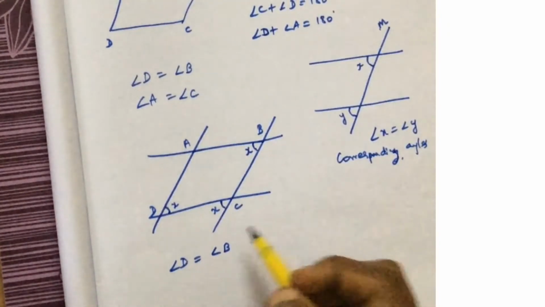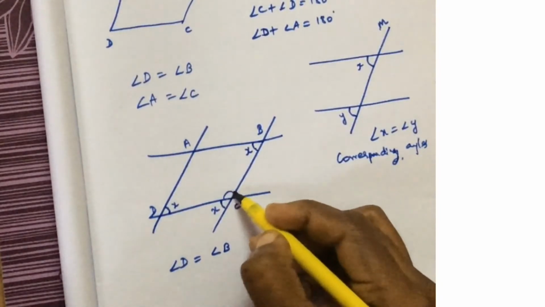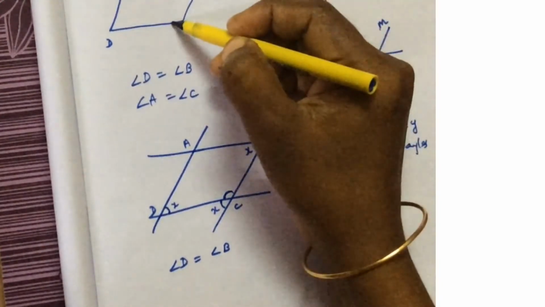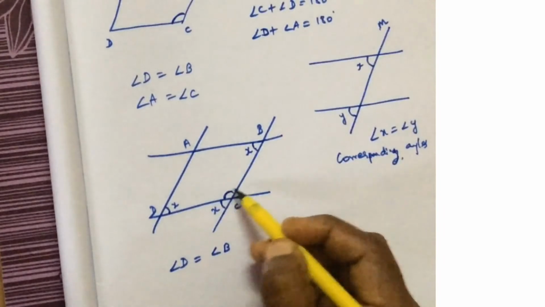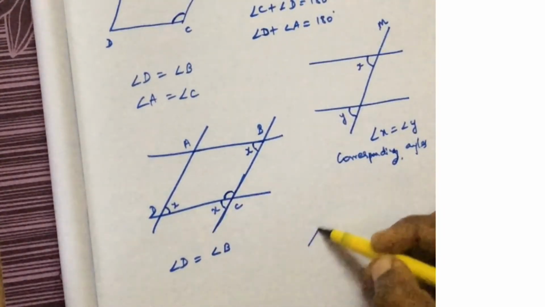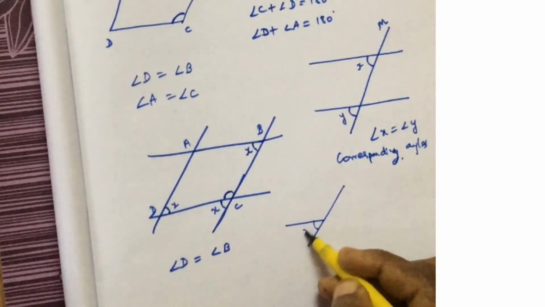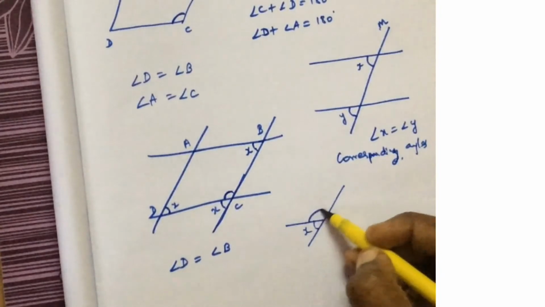Now you can see what this angle C is here, this side. If you see from here, this is angle C. If you consider this a straight line, and there is another line like this, this part is X. Then what is the remaining part?